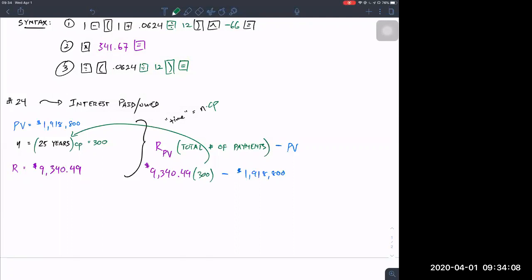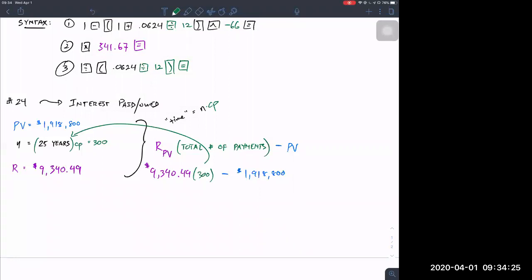Or they'll say, oh, you do it times 12, because that's a compounding period, which is absolutely correct. But then without the time, that means you only did it for 1 year, right? You only did it for 12 months worth of payment. So whatever that answer is, that difference, that's the answer for the second part of the interest paid or owed.